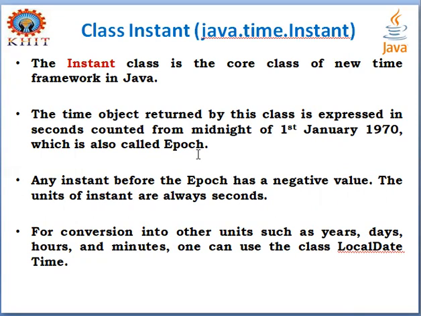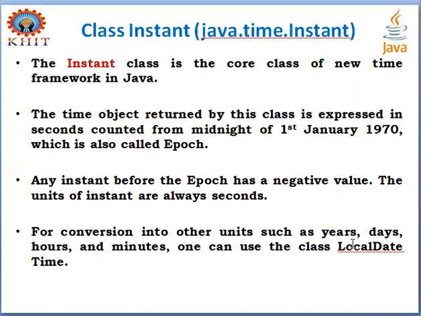And this time is called an epoch. Any instant before the epoch has a negative value. That means if you want to refer to a date and time prior to 1970, it is displayed as a negative value.